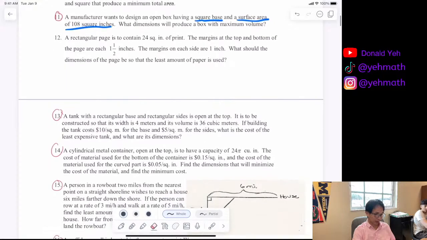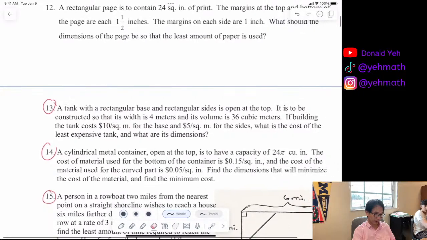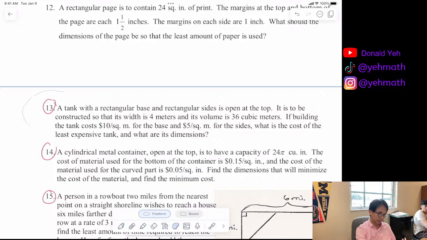I think it's this one, right? It's really close to this one. Yeah. I don't know if we can copy. I don't think it can copy.